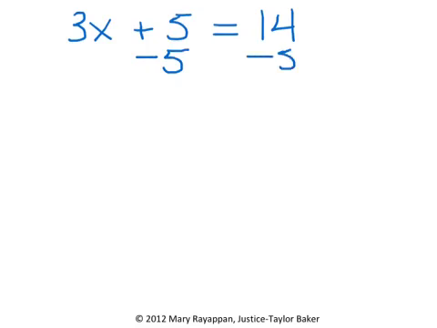Again, I have the equation 3x plus 5 equals 14. Now I just need to solve the linear equation. I want to get x by itself, which means I need to get this 5, the constant term, to the other side. So I'm going to subtract 5 from both sides.